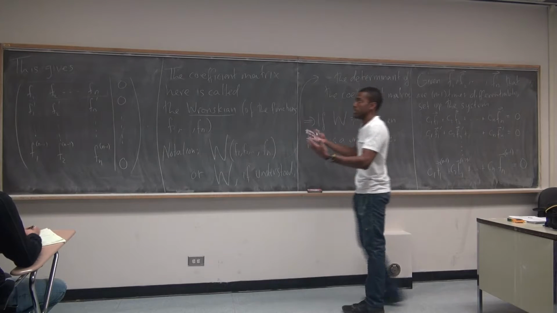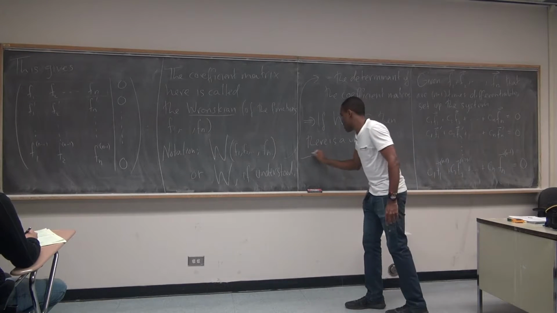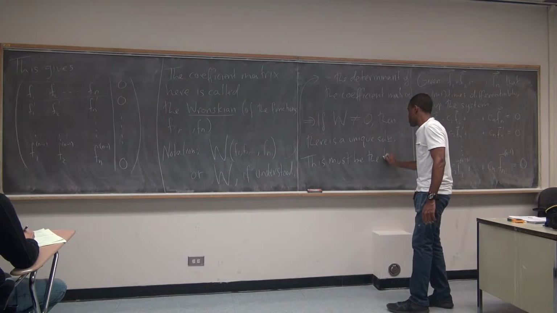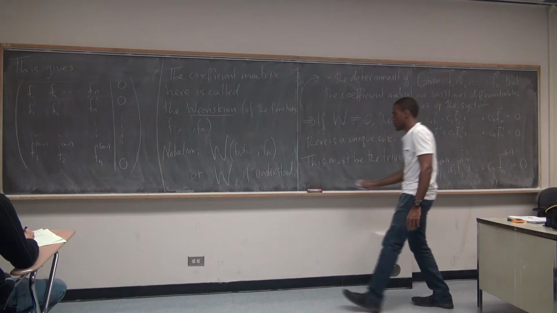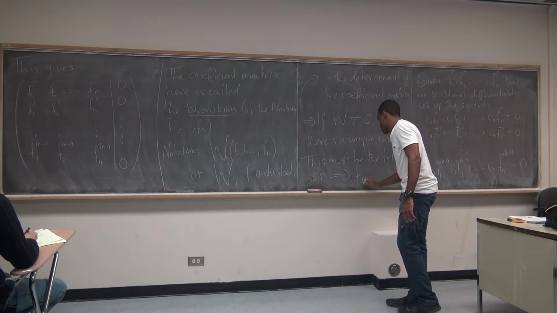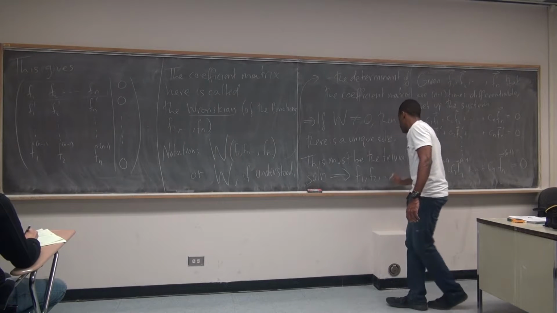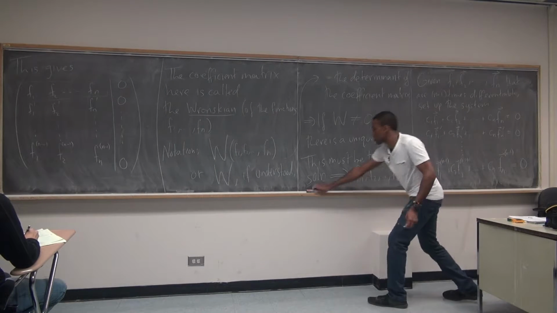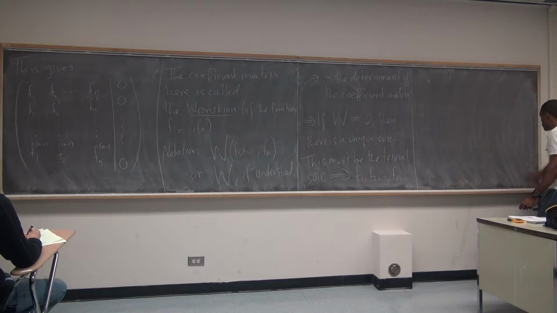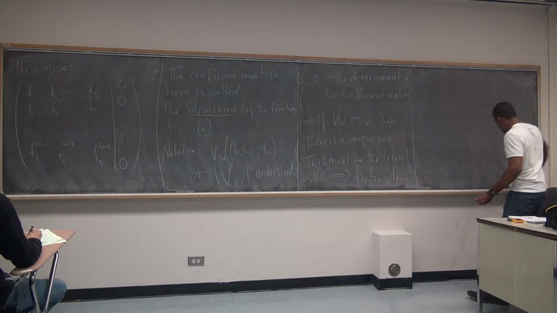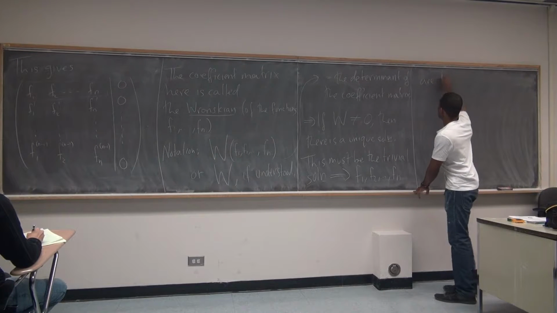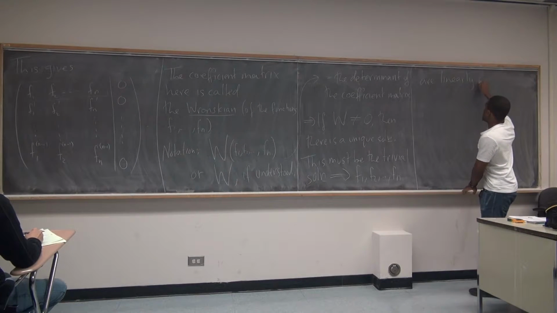So a unique solution means that this must be the trivial solution, which means the functions f1 through fn are linearly independent.